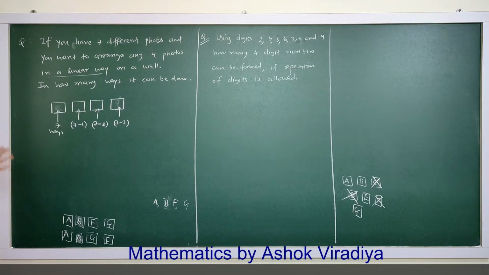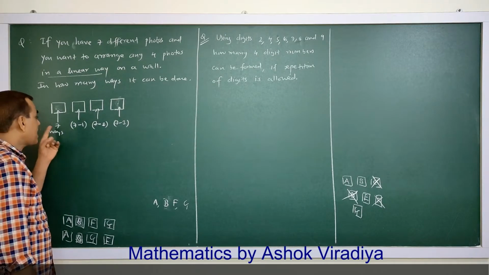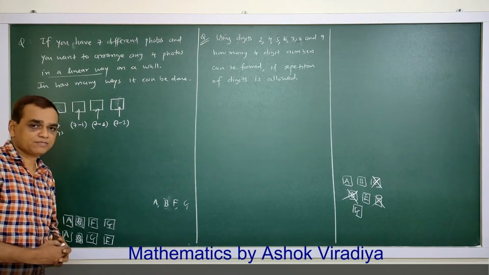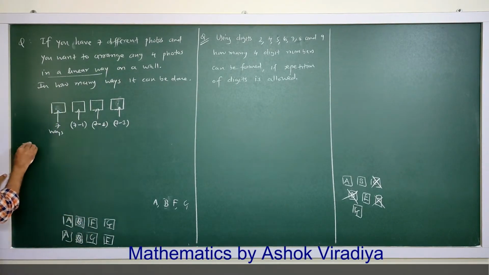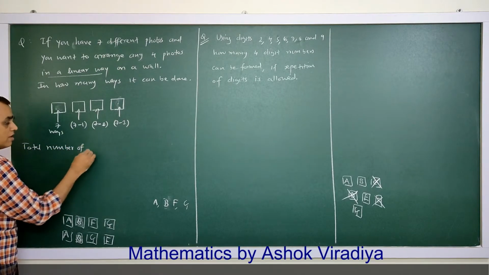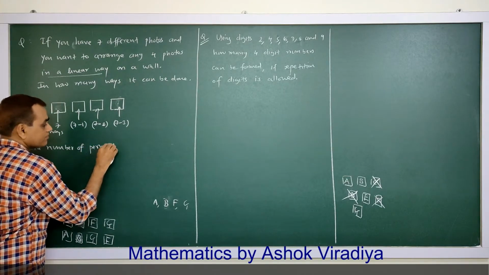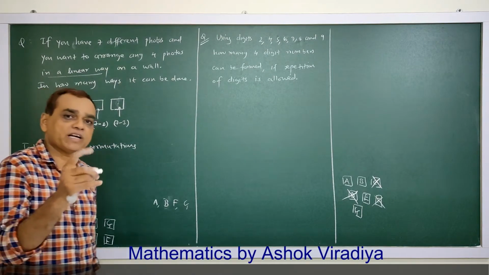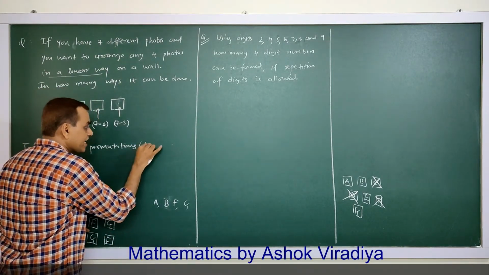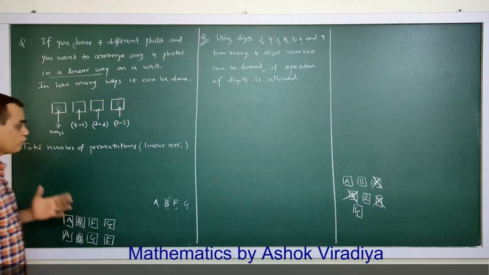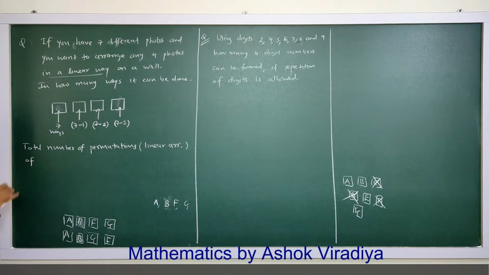So total here 7 photos are given and 4 are arranged. So total number of permutations. Permutation means linear arrangement. Total number of permutations of 7 objects.